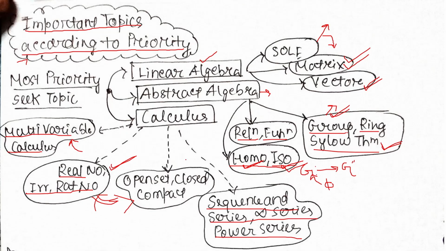If I have to prioritize my topics, we have to cover these important topics according to priority, because these are very important topics in any competitive exam, which you can say are questions arising from IIT exams, CSIR, any competitive examination.